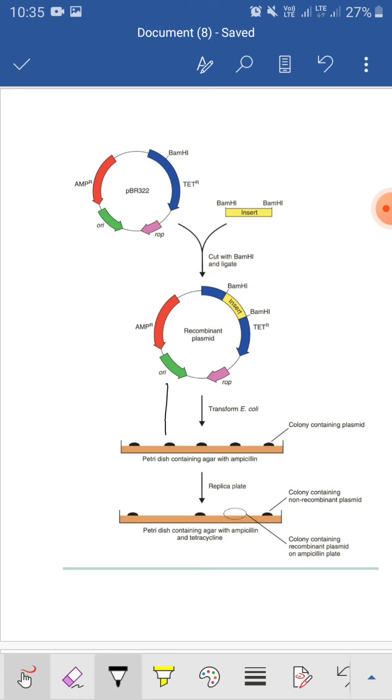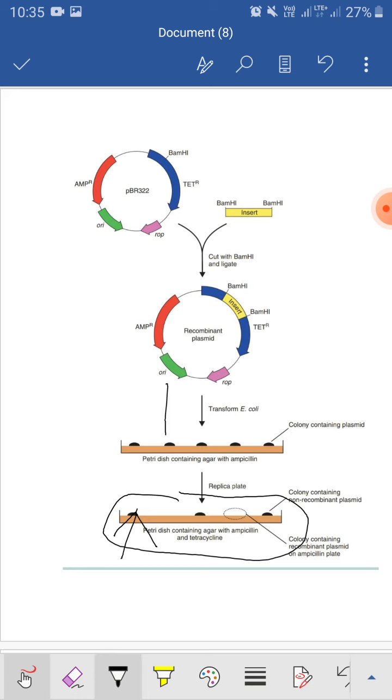To see whether the plasmid is inserted or not, we grow the colonies with ampicillin, and those colonies are present here, the black ones. These colonies have transformed E. coli, meaning the plasmid is present.